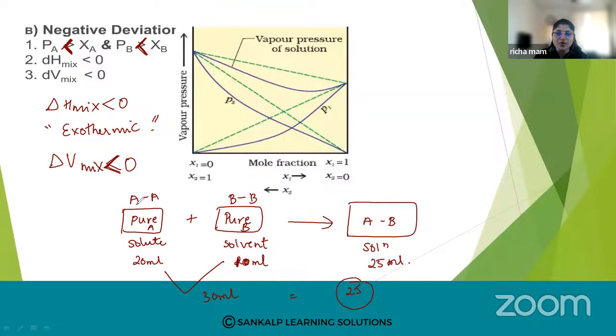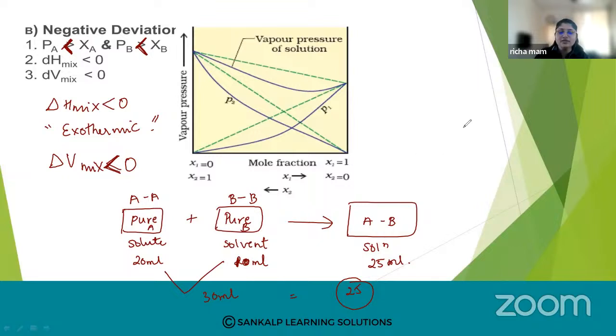For the molecules of the pure components A and B, what will happen? In the positive deviation, we have seen that the molecules in the solution try to escape as vapors.